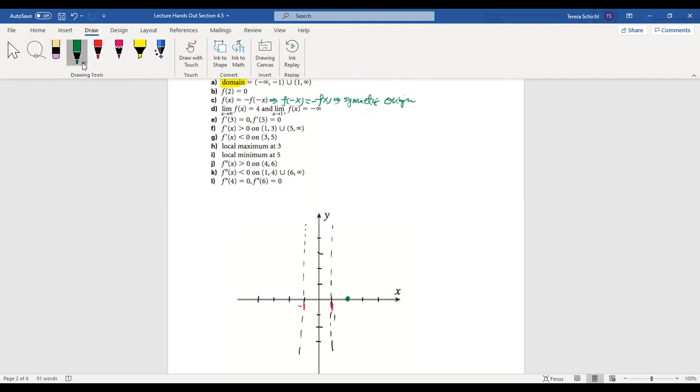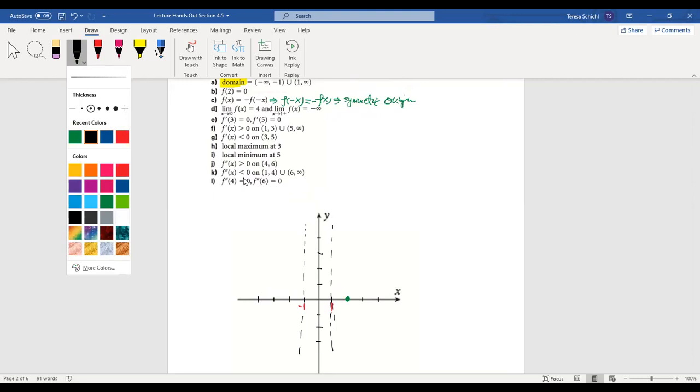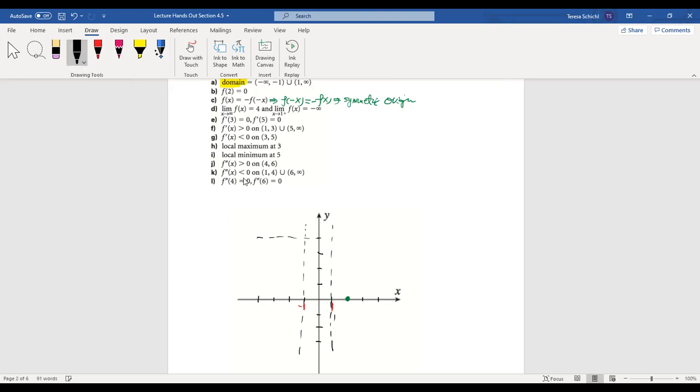That means I have a horizontal asymptote, and my horizontal asymptote is 4, correct? So I have a horizontal asymptote at 1, 2, 3, 4. When I approach it, the graph gets close to this line here.